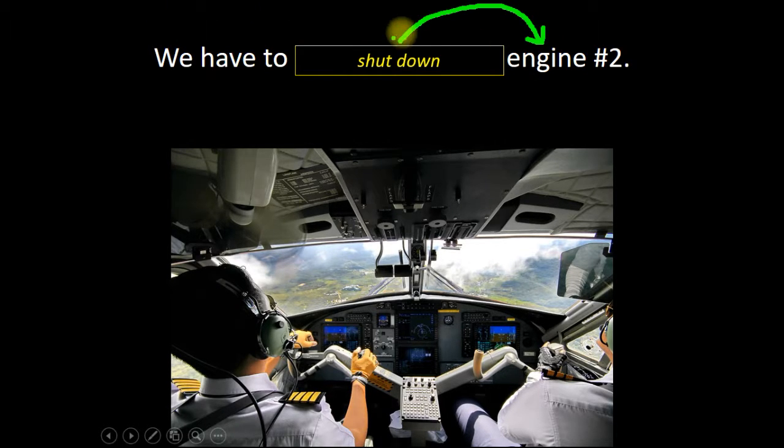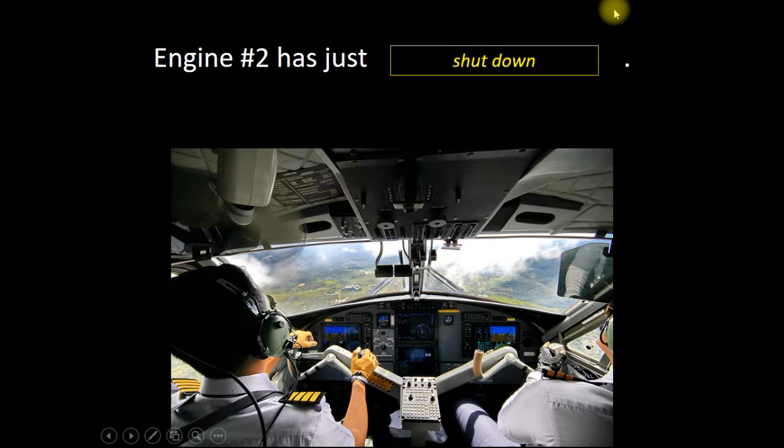The pilots shut down the engine. Or we can also use this in an intransitive sense. Engine number 2 has just shut down. In this case, we're not saying shut down anything. It just shut down by itself. So we can use shut down as an action from the pilot, or shut down as in what happens to the engine.